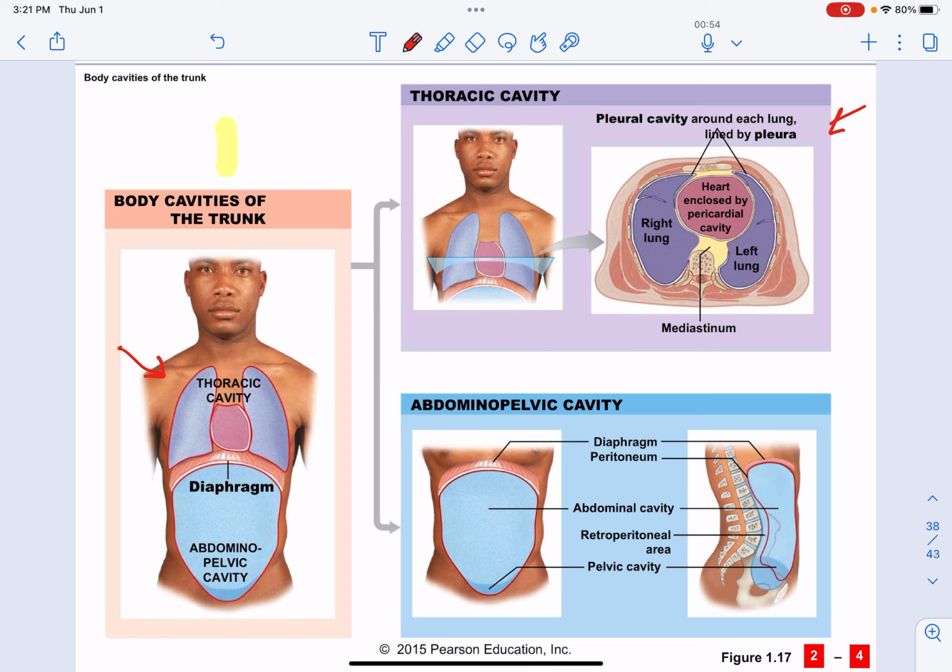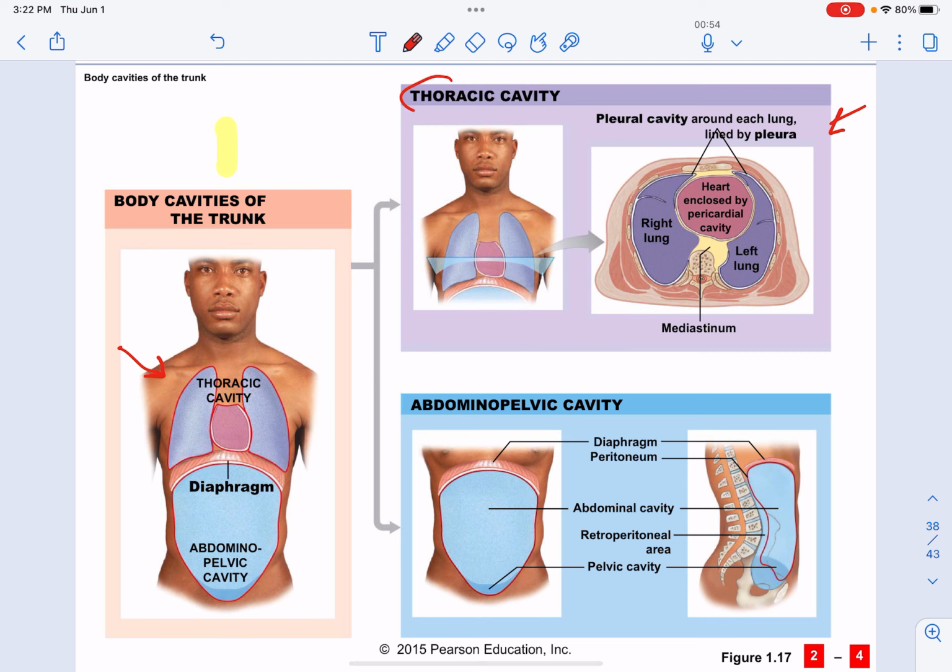What this is showing you is that each lung sits in the thoracic cavity inside of another cavity. This is kind of like those wooden Russian dolls where you open one up, and there's another doll inside, and then you open it up, and there's another doll inside. This is kind of like that. They're cavities within cavities within cavities. So just bear with me.